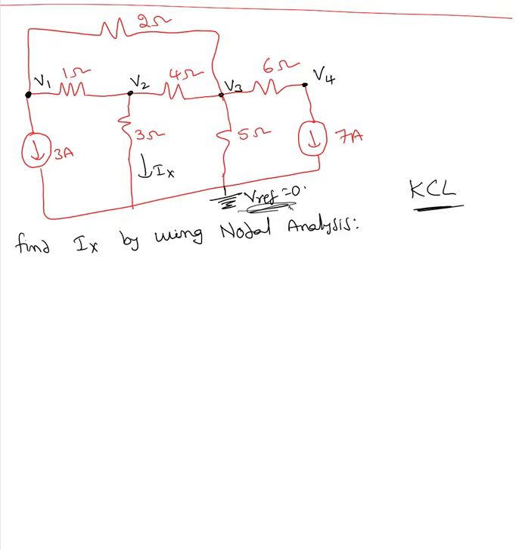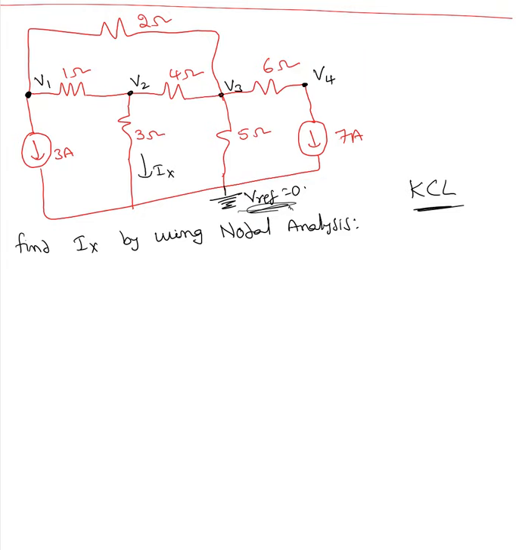I don't have any voltage source here. 3 ampere is a current source, 7 ampere is also a current source, so we can skip step 2. Step 2 is to check if you have any voltage source between V reference and any unknown node. If you have that, then the unknown node voltage equals the source voltage. Here I don't have that.